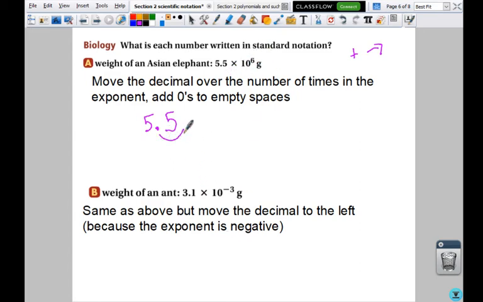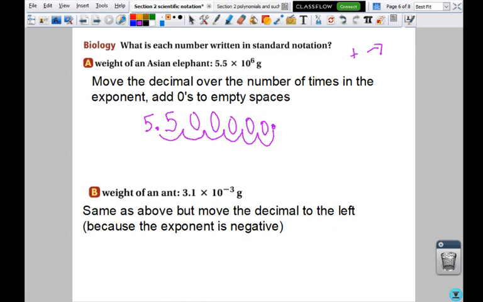So I'm going to go 1, and I'm going to jump an empty space, and I'm going to fill in these empty spaces in just a second. So I go 1, 2, 3, 4, 5, and 6. And my decimal is here. All these empty spaces, I'm filling in with zeros, because we can't just have an empty space.